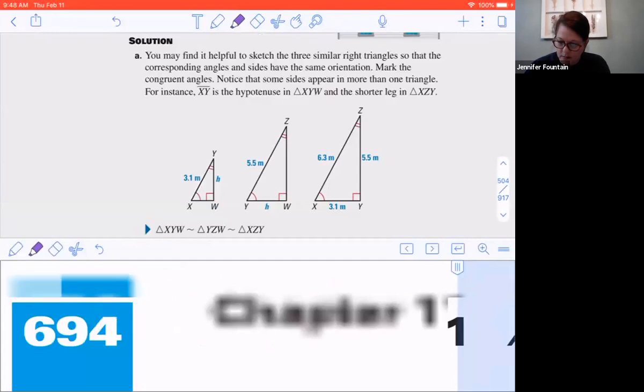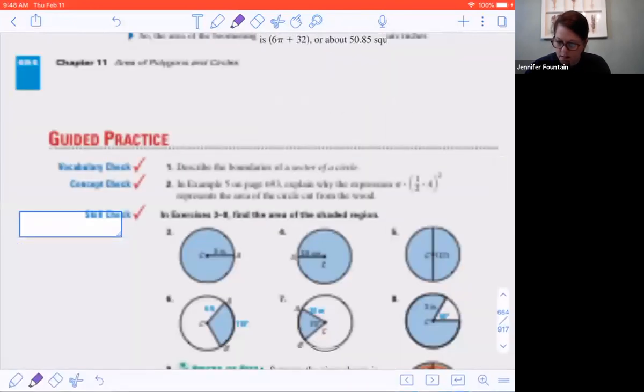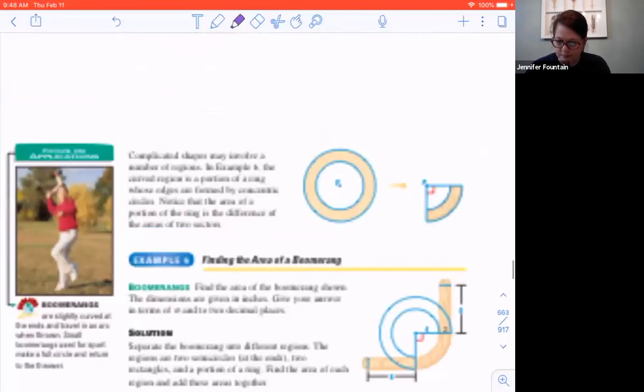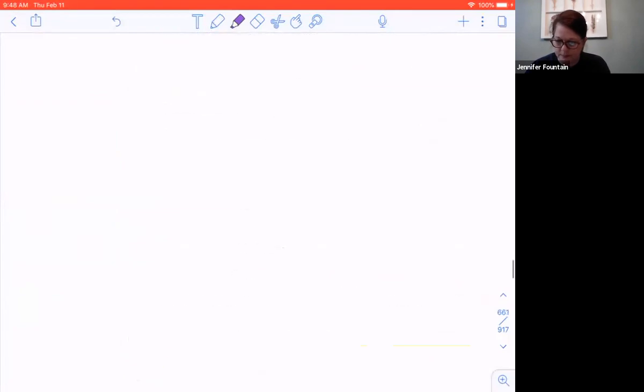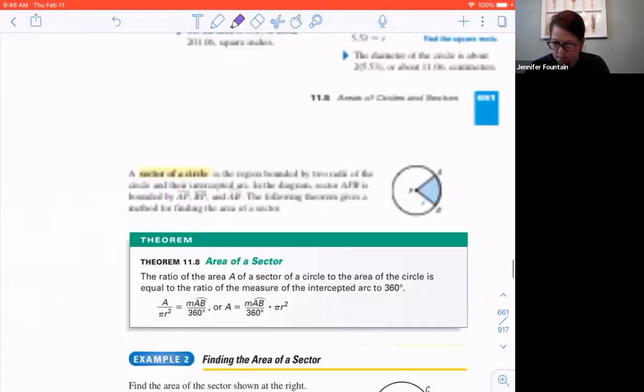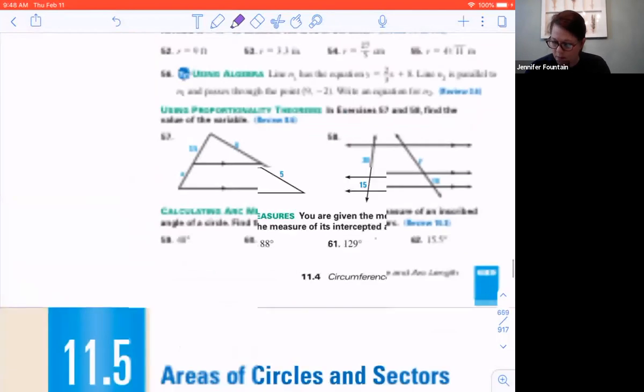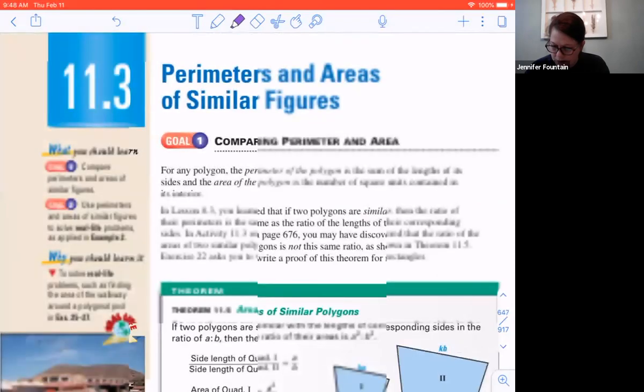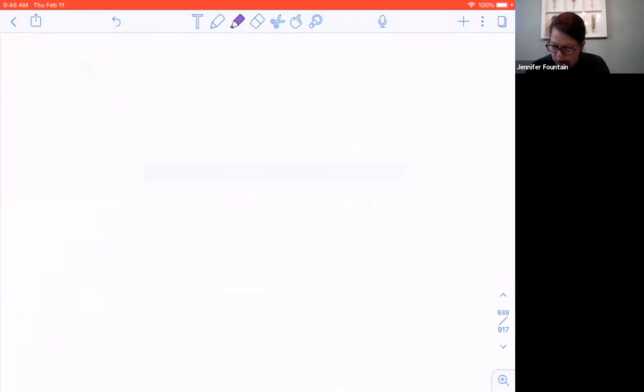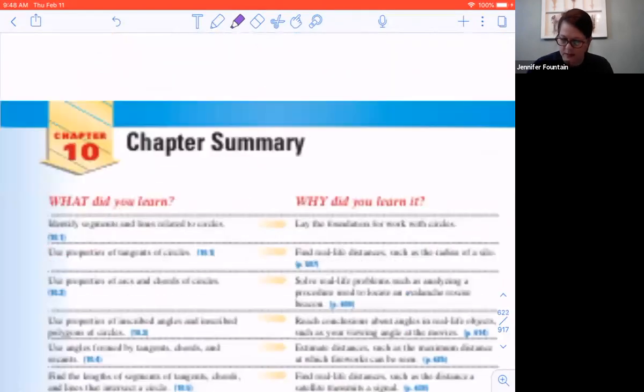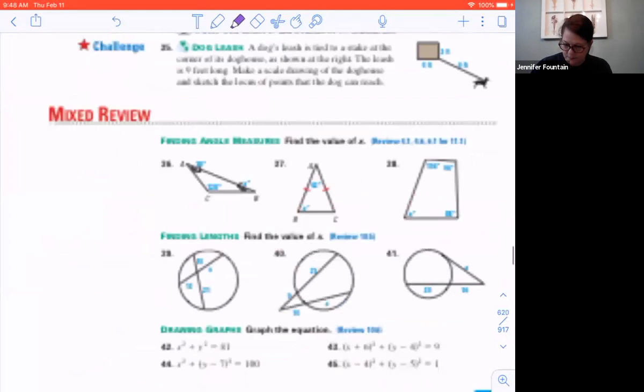Go away. Where am I? It went all the way to chapter 11. Good grief. How did I manage that? I don't even know how I even did that. Sorry, hang on.